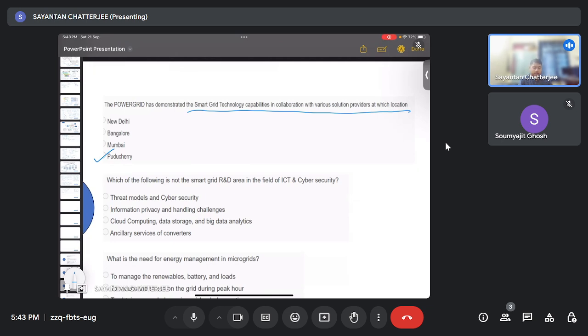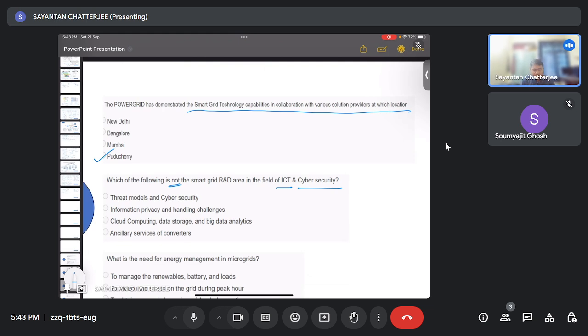Which of the following is not a smart grid R&D area in the field of internet and communication technology and cyber security? Threat models and cybersecurity, information privacy and handling challenges, cloud computing, data storage and big data analytics, ancillary services of converters.